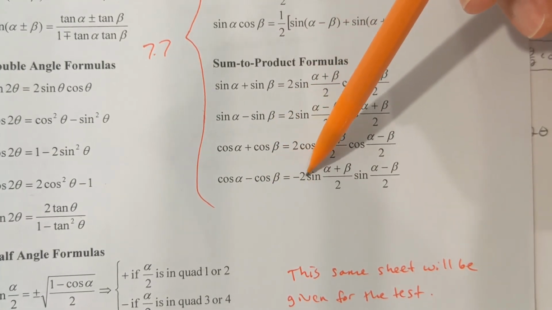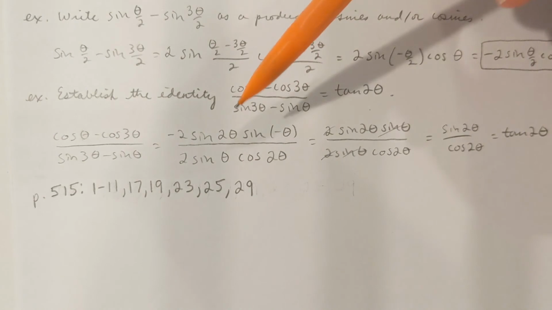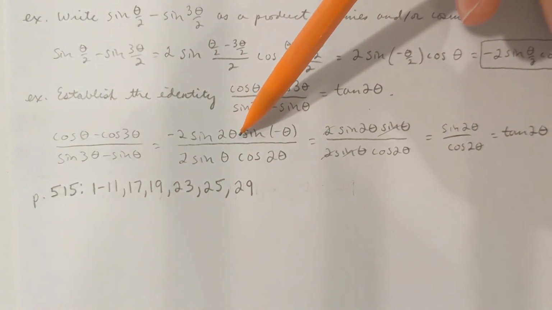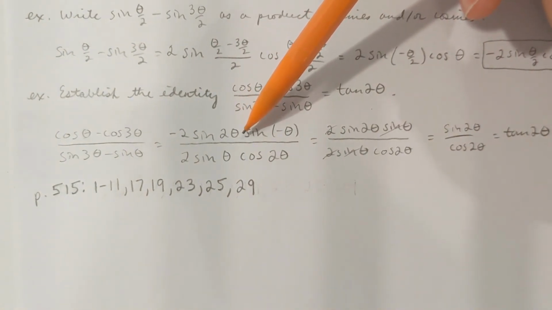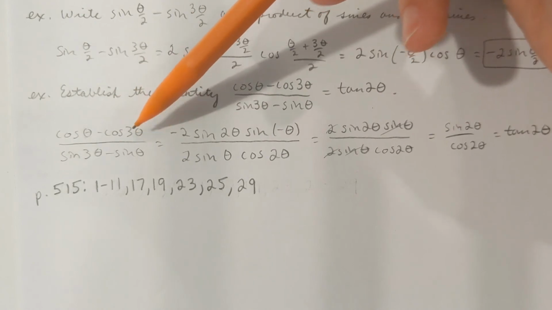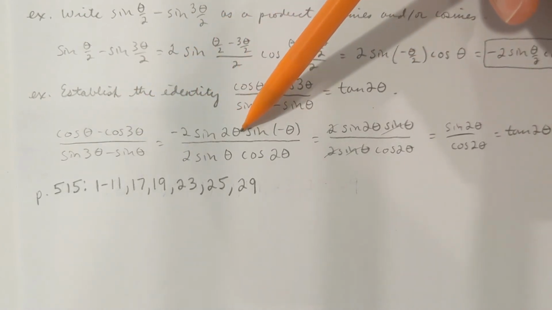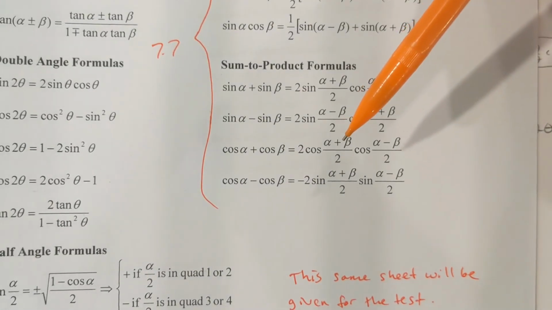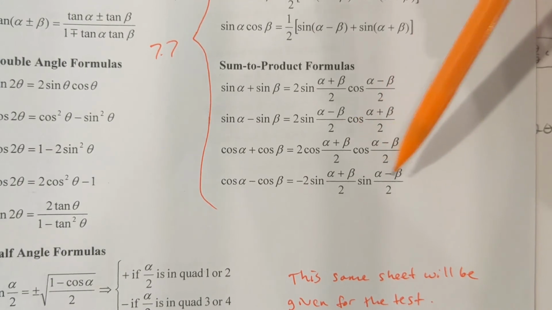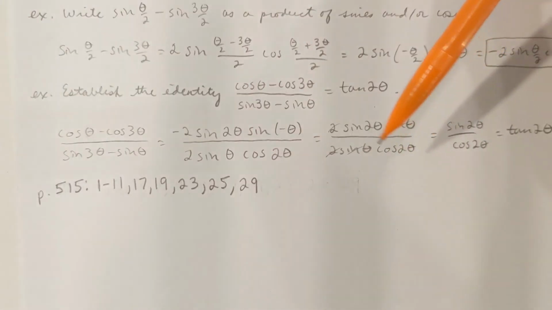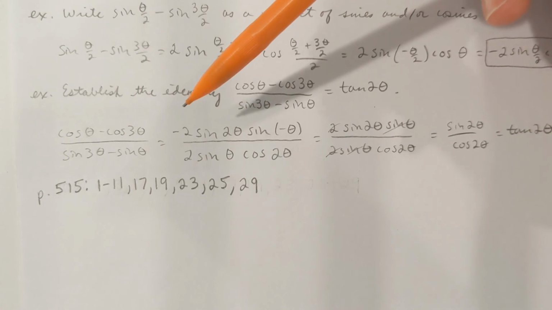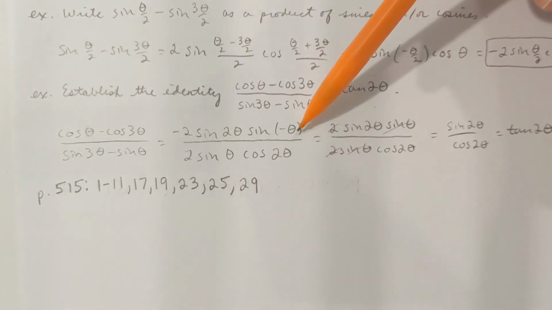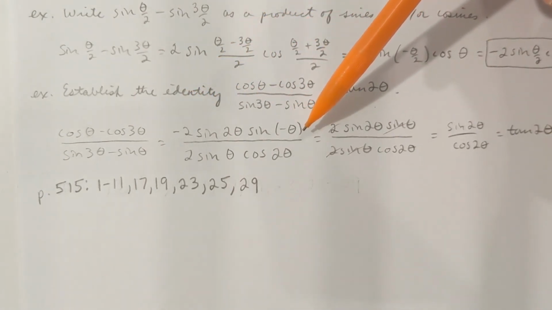That's negative 2 times sine of, add the angles and divide by 2. Theta plus 3 theta is 4 theta, divided by 2 is 2 theta, times sine of, subtract the angles and divide by 2. Theta minus 3 theta is negative 2 theta, divided by 2 is negative theta.